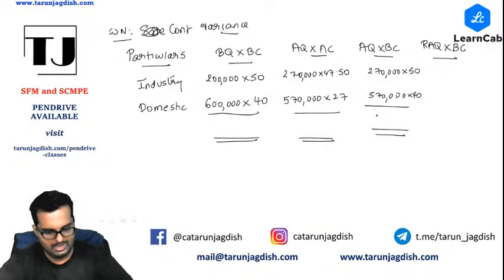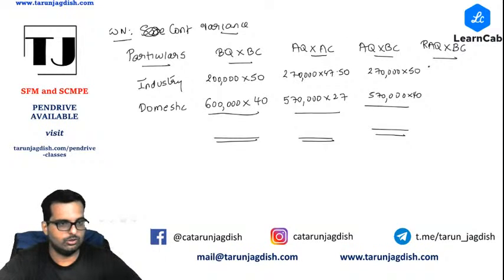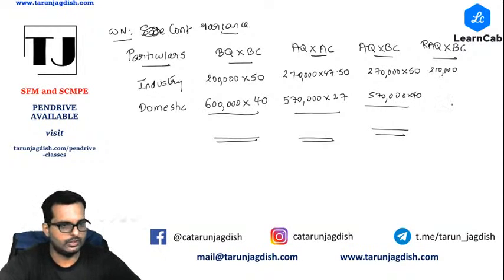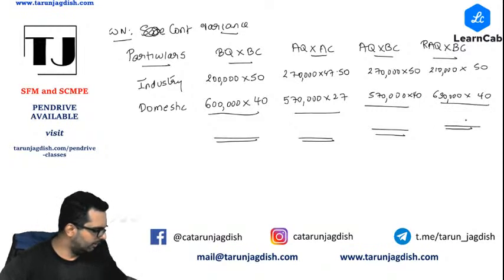So divided by 8 into 2, I'll get the answer as 2 lakh 10,000 over here. And the other one would be the balancing figure. 5,70,000 plus 2,70,000 being the total, minus this would give you 6,30,000. Okay, multiplied by what? 50 and 40. Can you please do the variances on your own now?